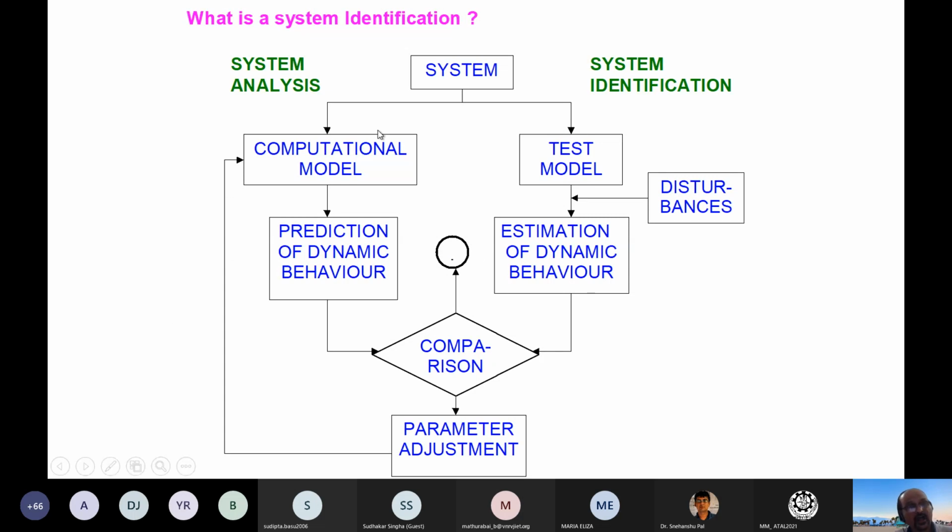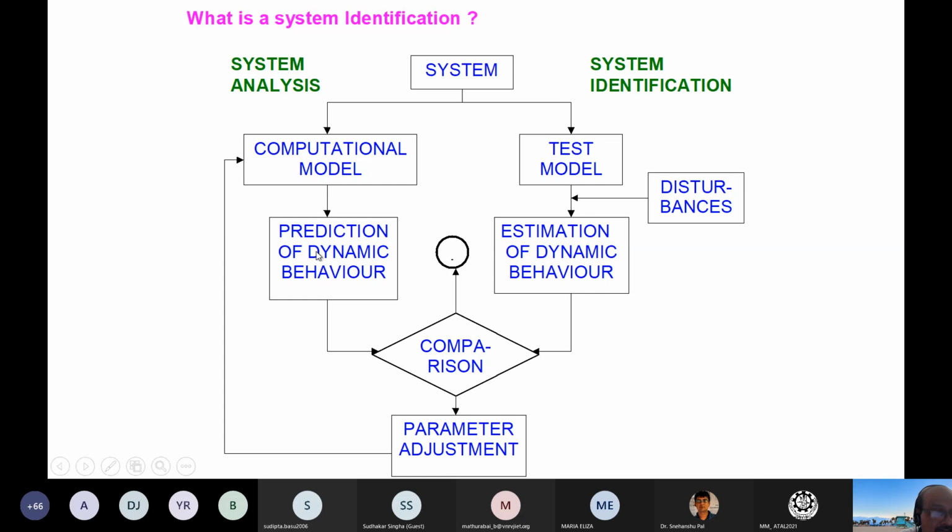Now if you see this flow chart, I have a system. On the left side is the computational model, and on the right side is the test model. You can test whatever system you have, and you get the dynamical behavior or whatever response, depending upon your problem, maybe metallurgical, civil, mechanical, or whatever. And the same system on the left side we can define by some computational model: the physical system I convert to some modeling, solve by some computational methods, and then predict the dynamic behavior or the response.